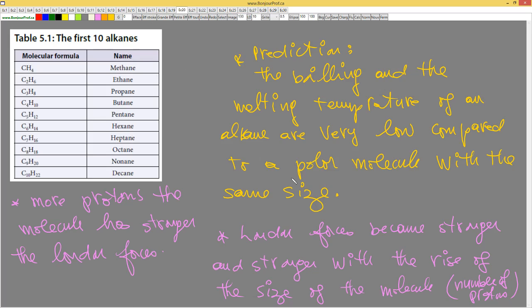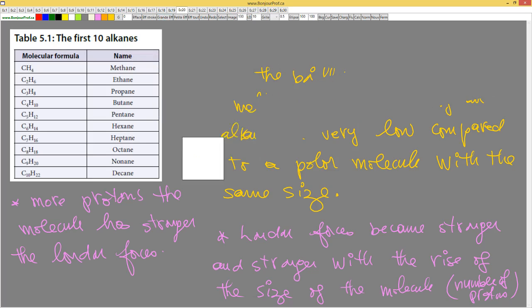Or the atom also, or the electrons. The more electrons it has, the more.